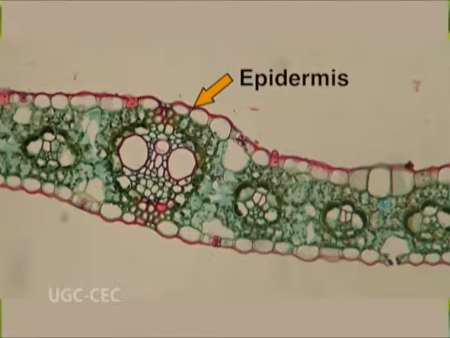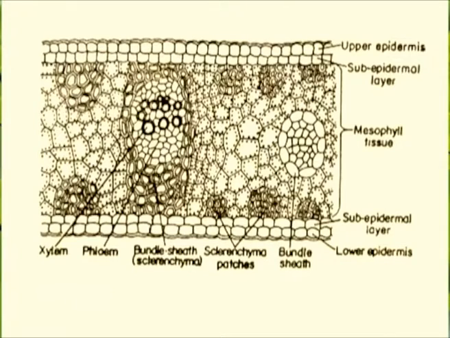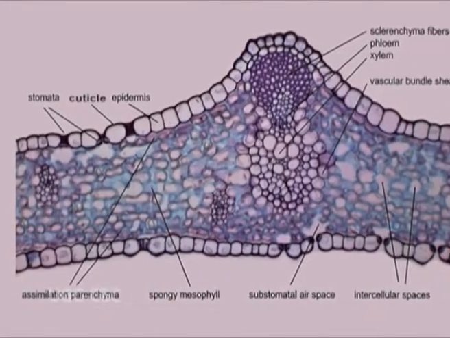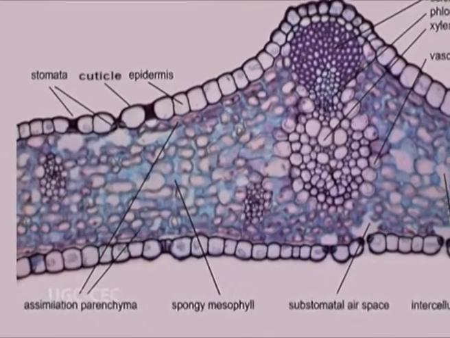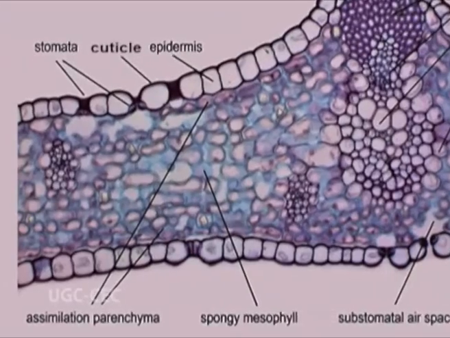Epidermis. The epidermis is generally uniseriate as in Zea mays and Bambusa, but sometimes multiseriate as found in date palm, Phoenix sylvestris, etc. It is composed of more or less oval cells with cuticle on outer walls.